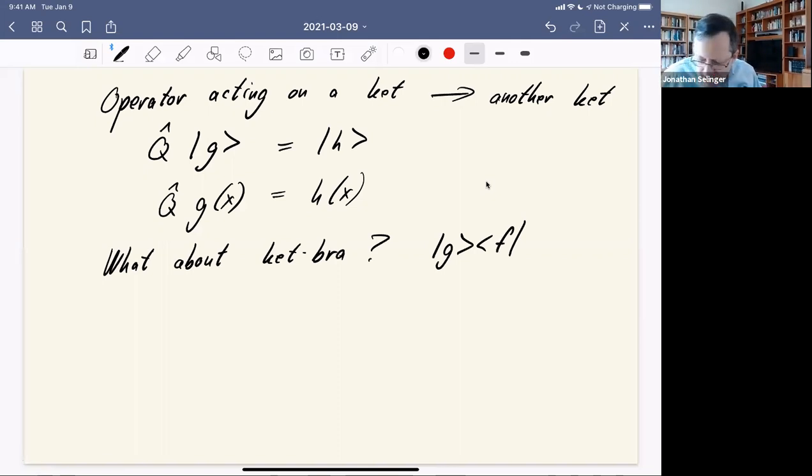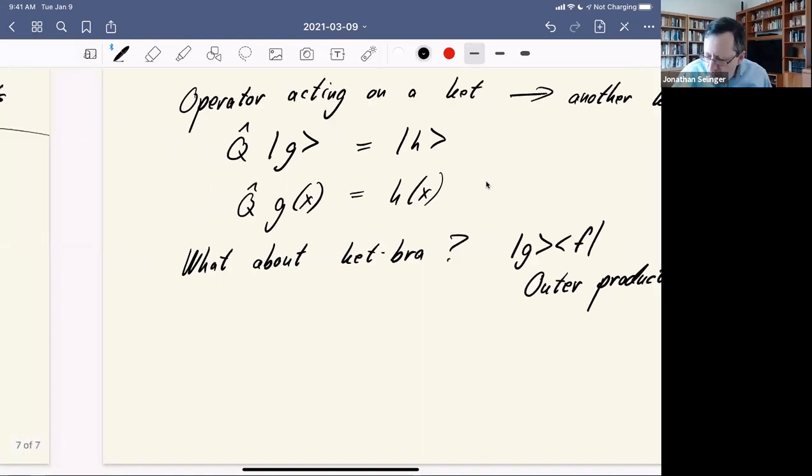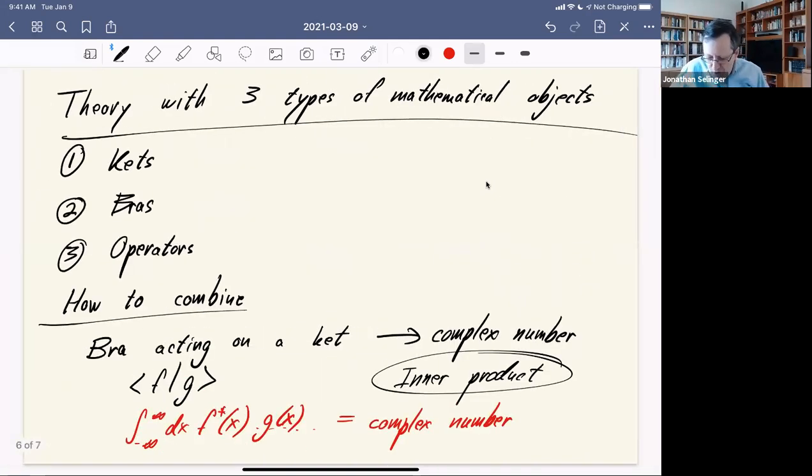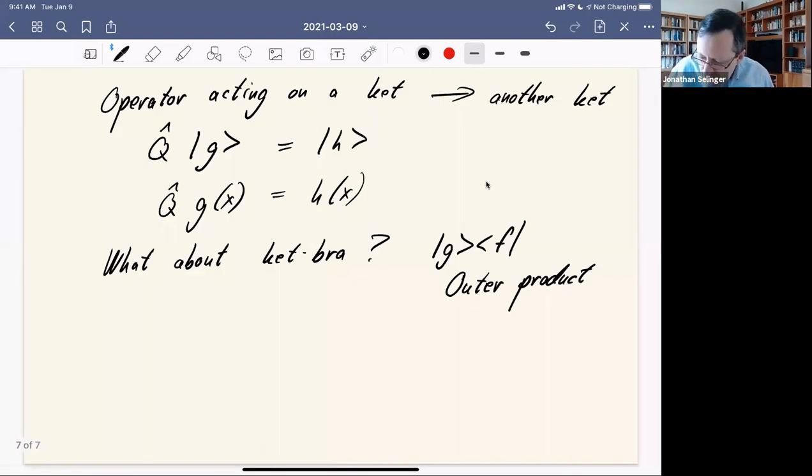Okay, that's a funny looking thing. What is it? Well, the word for this is an outer product, by contrast with the inner product, that's the bracket. This thing is called an outer product.